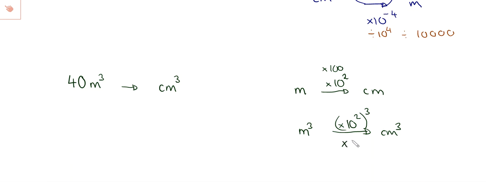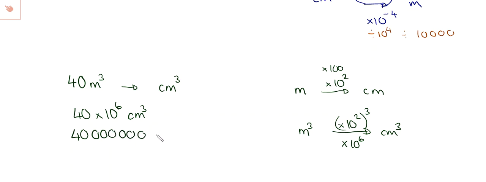That means times 10 to the power of 6. Good. So we're going to do 40 times 10 to the power of 6 cubic centimetres, which is 40 million.